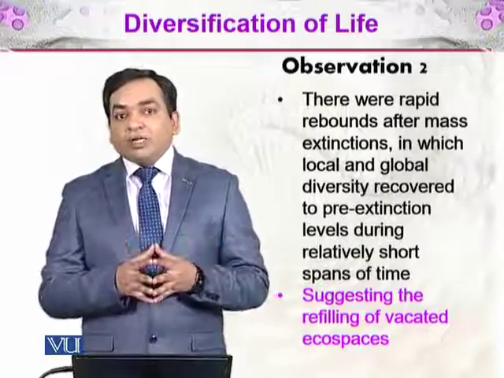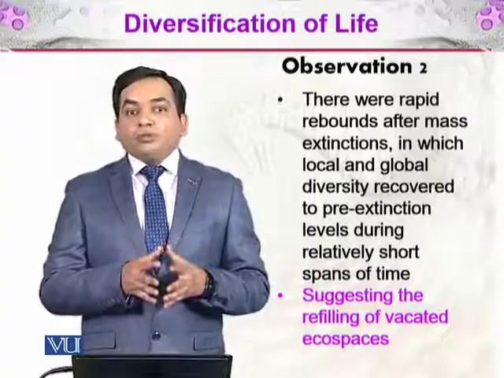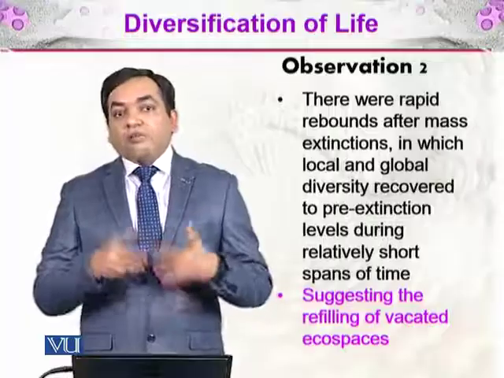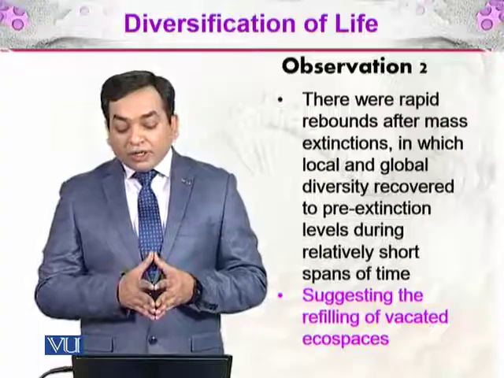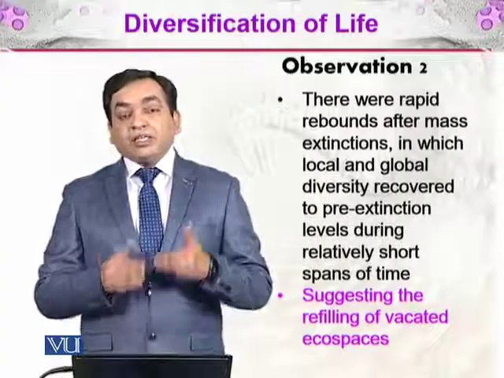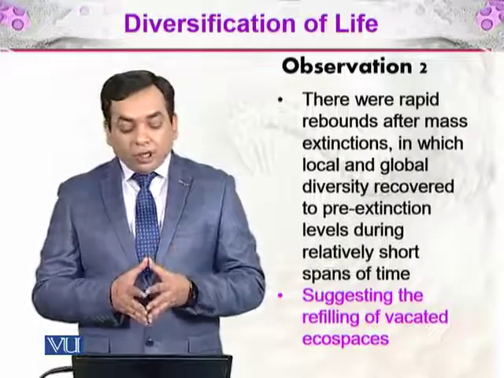We have seen how the dinosaurs went extinct, and mammals are now ruling the earth. So it suggests the refilling of vacated ecospaces, and again it is the equilibrium model that explains it.